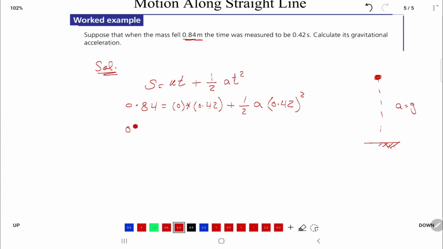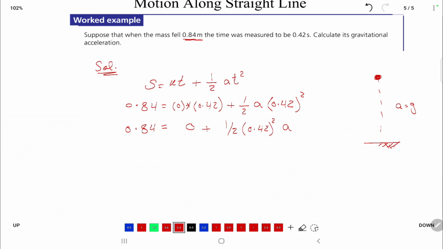Now, to simplify, 0.84 equals 0 multiplied by 0.42, which is 0, plus half multiplied by 0.42 squared times a.